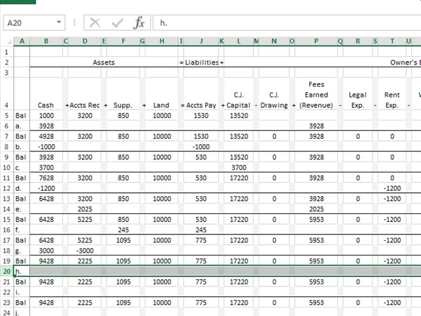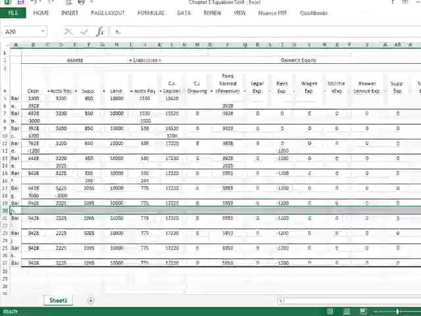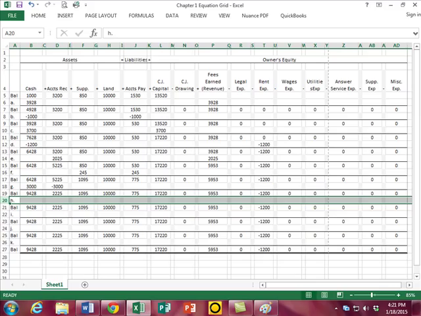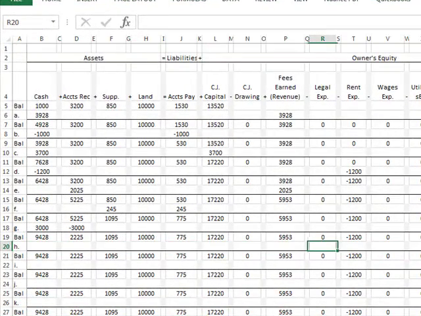Transaction H. Received an invoice for paralegal services from Legal Aid Incorporated for July, to be paid on August 10th, $1,635. So what we have to decide is, how are we going to record this to be paid at a later date? Well, we already know that we received a bill for $1,635 as it relates to legal expense.